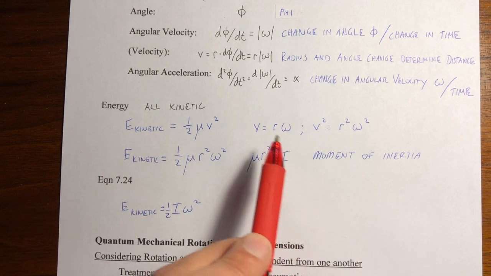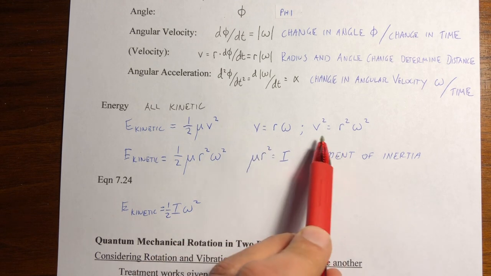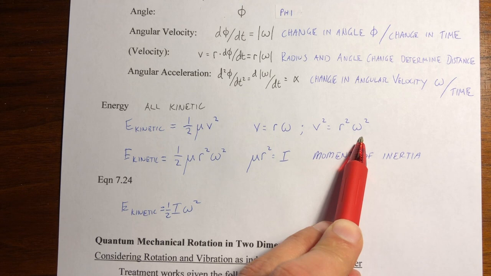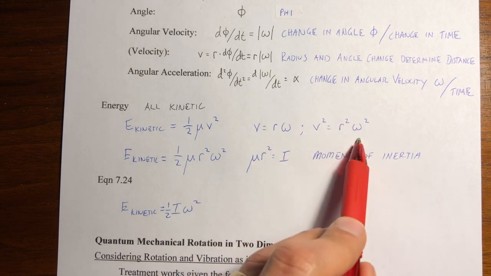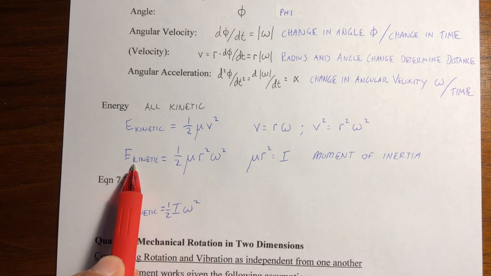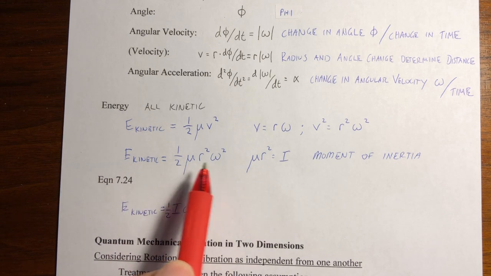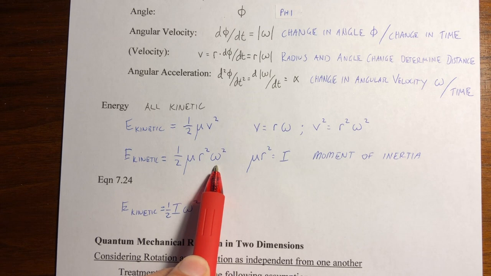omega. Now, if we were to square velocity, we would have v squared is equal to r squared times omega squared. So let's substitute that term in for velocity squared, and we get kinetic energy is equal to 1/2 mu r squared omega squared.